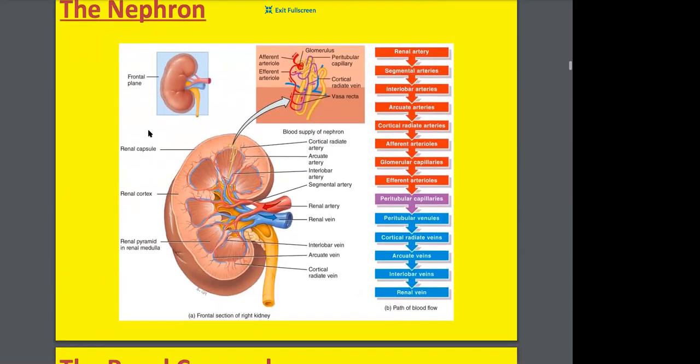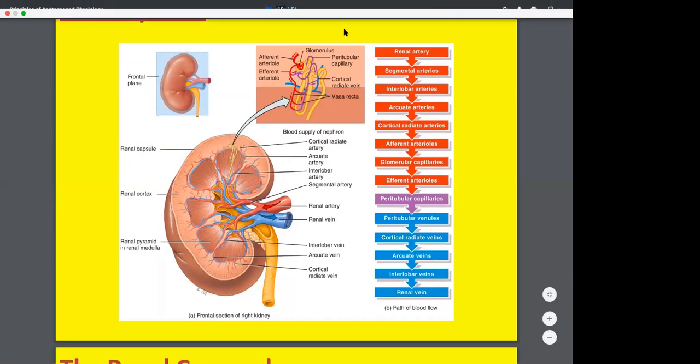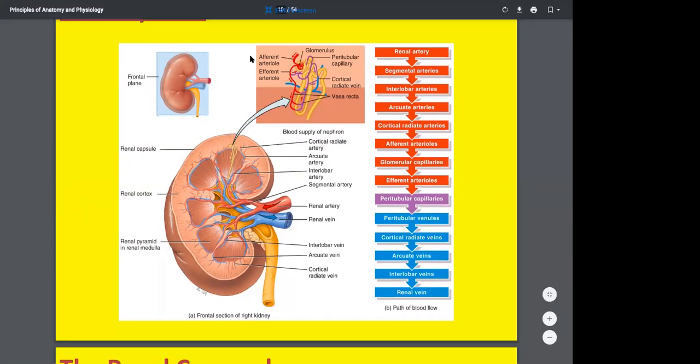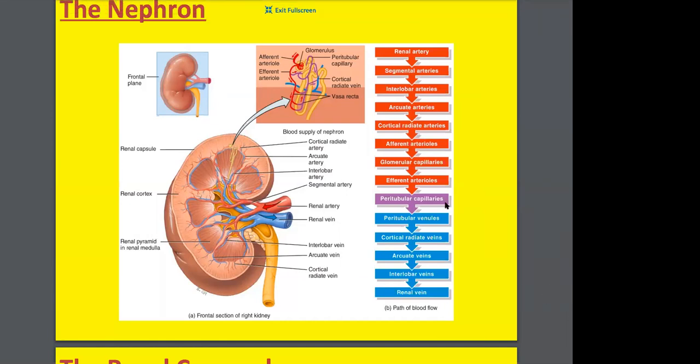And I want you to take a minute and just observe this blood flow. And when you look at this here, you're going to look at the very beginning. So we want to add those in. So here we have the aorta up here, which flows into the renal artery, and then the renal vein flows into the inferior vena cava.